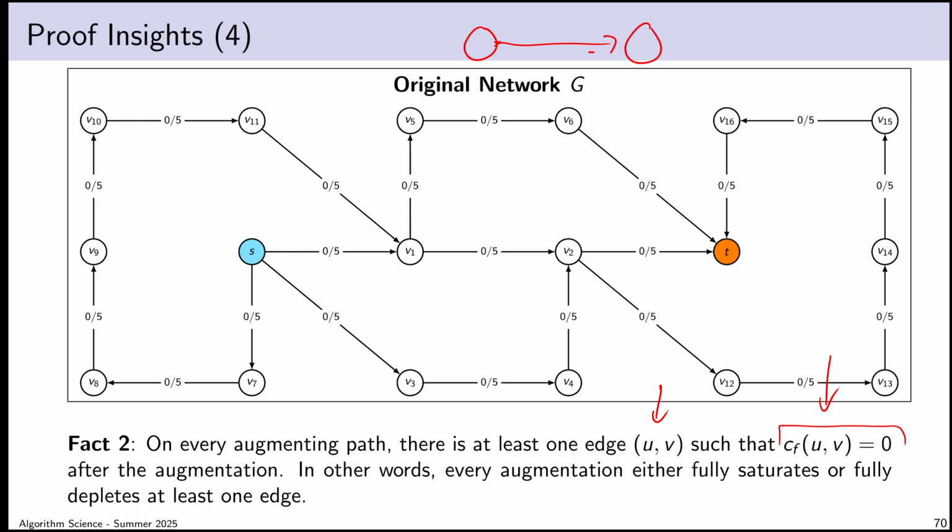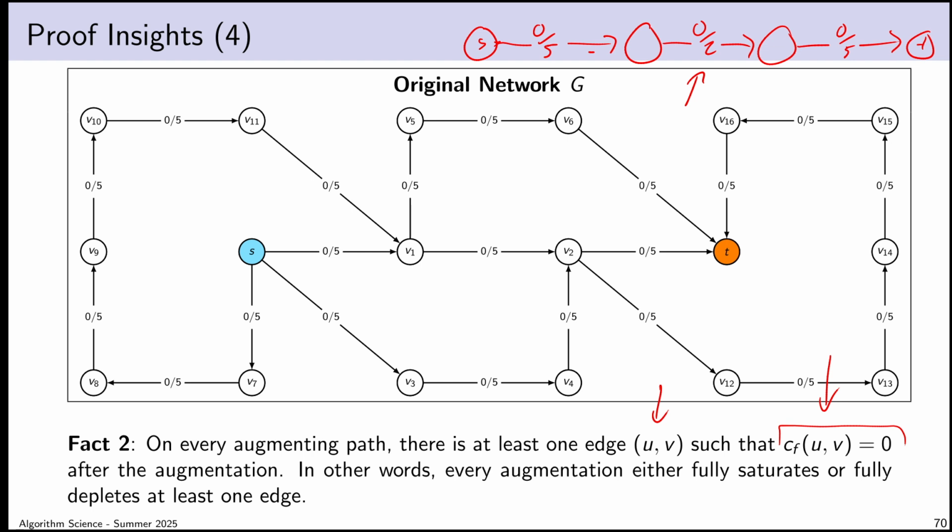So just to remind you why this is the case, if I consider a particular augmenting path, so there's S and there's T, and here's some edge in the middle. Suppose I have this set of capacities. There's 0 out of 5 on this, there's 0 out of 5 on this, and this edge has 0 out of 2. So the total amount of flow I can push along this path is obviously 2 units, because that'll max out this middle edge.